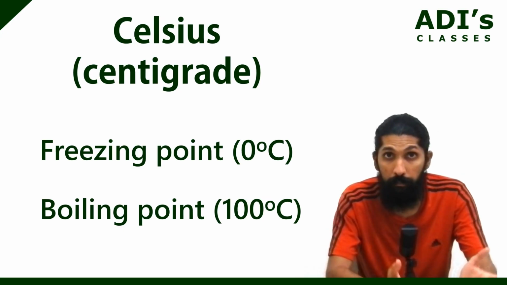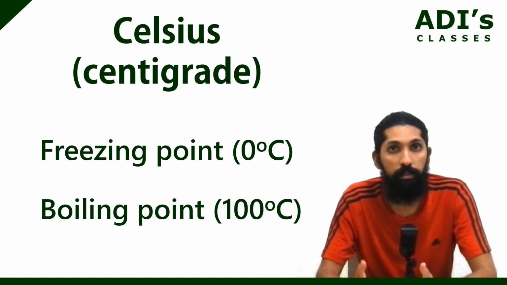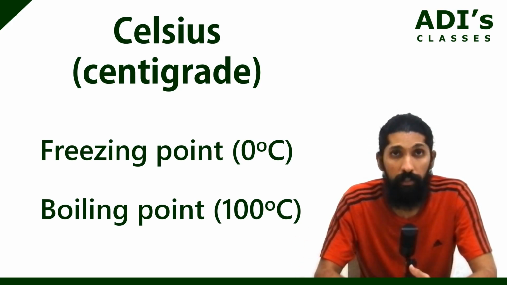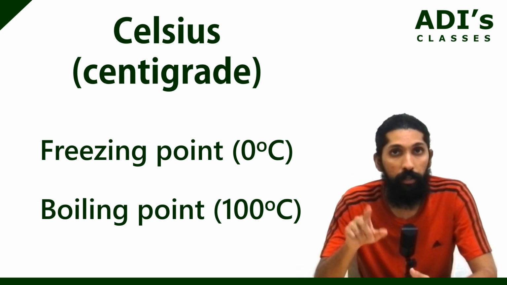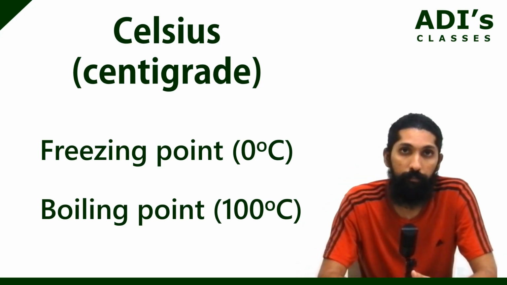At this temperature water is freezing, I'll figure out what it is. At this temperature the water is boiling, I'll figure out the temperature. So basically, the freezing point and boiling point are like milestones, a standard measure.